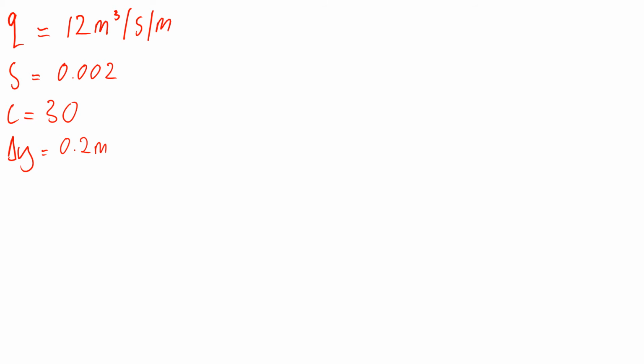In the question it gives you a relationship q equals 1.5 (y minus h) to the power 1.5, and it says h is equal to 2.5. So it's saying h is the sill height. So what does that actually mean?